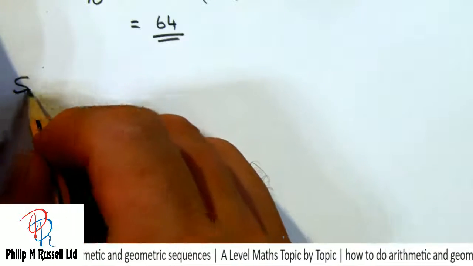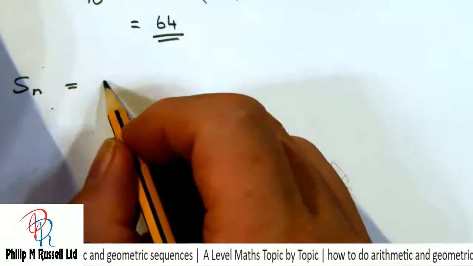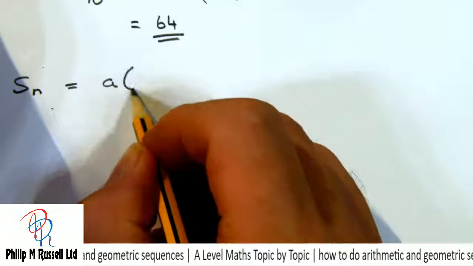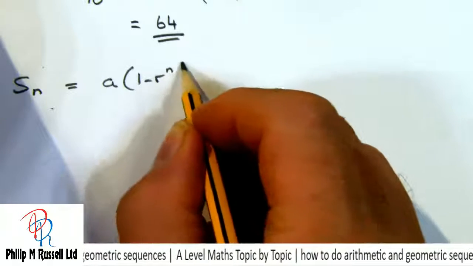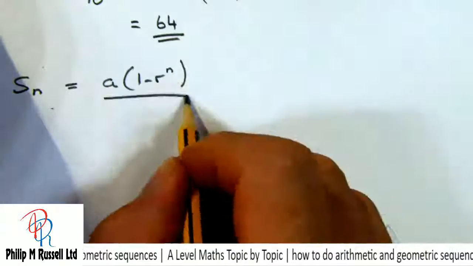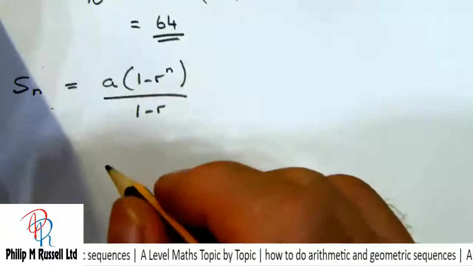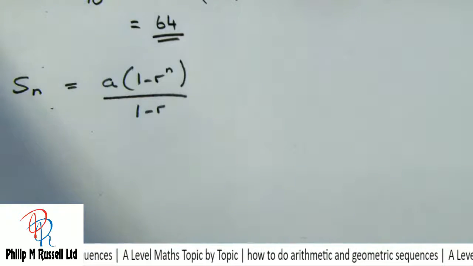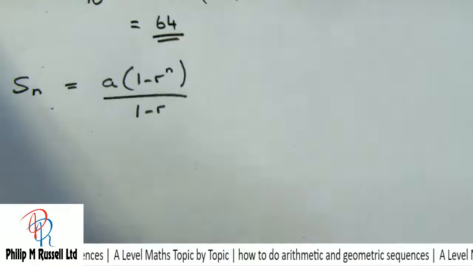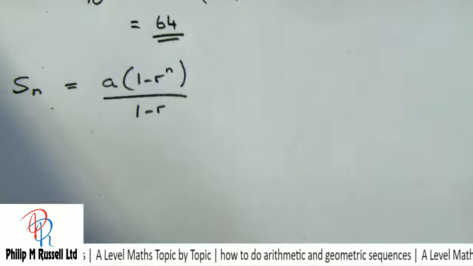So here, the sum is going to equal a times 1 minus r to the n over 1 minus r. And we do that when we've got this done round a particular way, because basically we've got two choices.